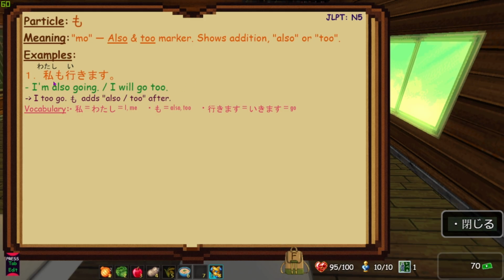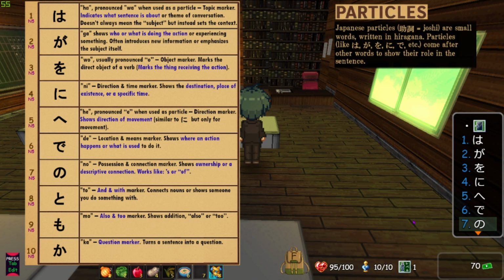So watashi mo, me too. I also, me also. Ikimasu, go. And mo in this case is also, too. So I also. You can also say kare mo, he also. Kanojo mo, she also. Right?